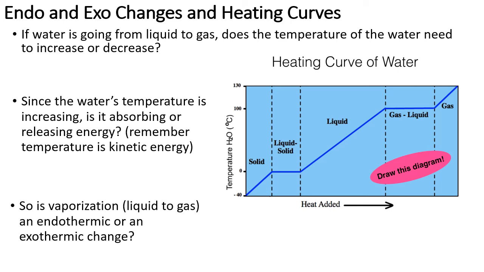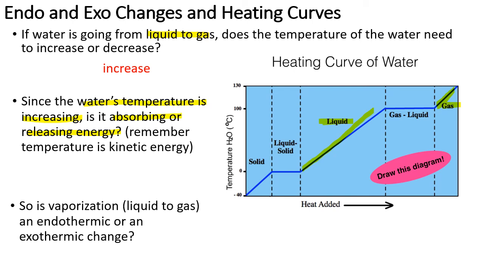So if water is going from liquid to gas, does the temperature of the water need to increase or decrease? Well, liquid is down here below 100. Gas is over here above 100. So the temperature of the water needs to increase. So since my water's temperature is increasing, is it absorbing energy or releasing energy?